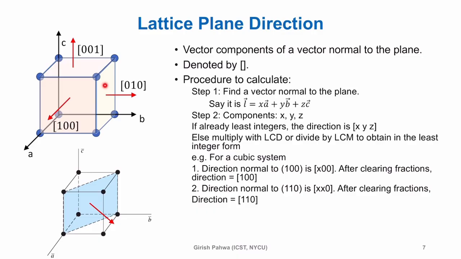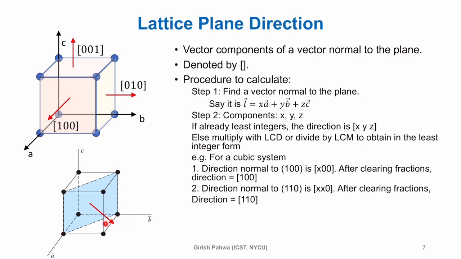I mean, you denote them in a different way. If you put a round bracket, that becomes the Miller indices. If you put square brackets, then that becomes the direction, right? So for example, what is the Miller index of this plane? 1 0 0, right? And the direction is also 1 0 0. Similarly, 0 1 0 Miller index, and the direction is also 0 1 0. Similarly, what are the Miller indices of this plane? 1 1 0.